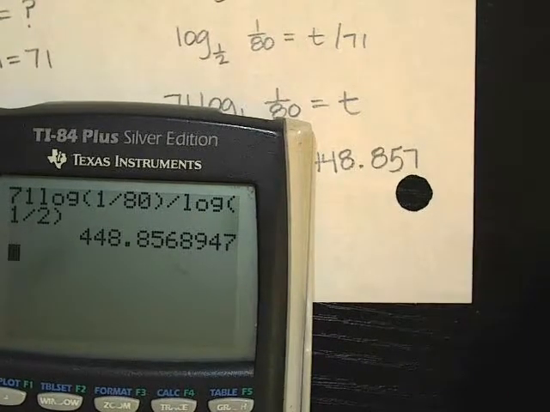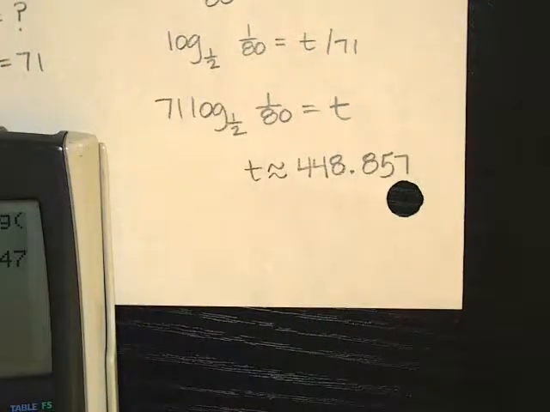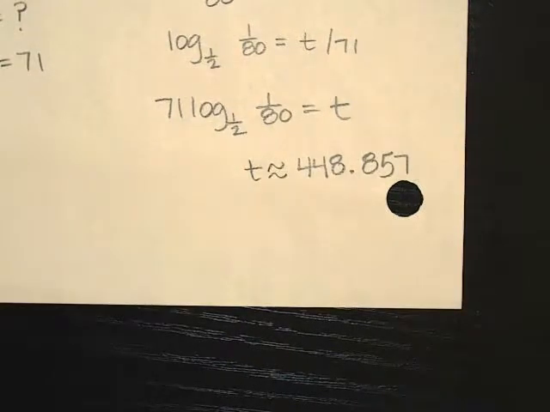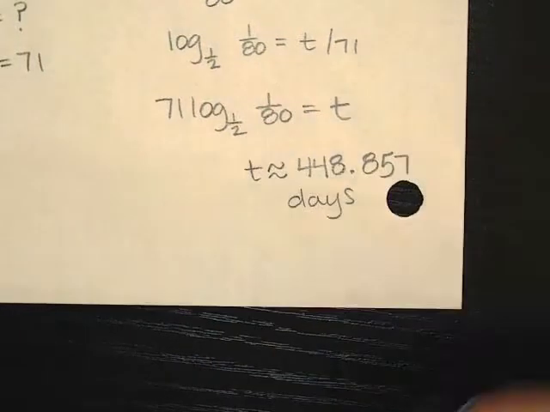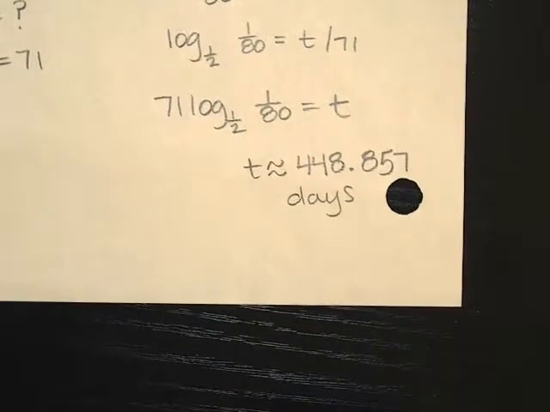All right, did y'all get it? 448.857. What are the units? Days. How long until 1 gram remains? 448 grams.